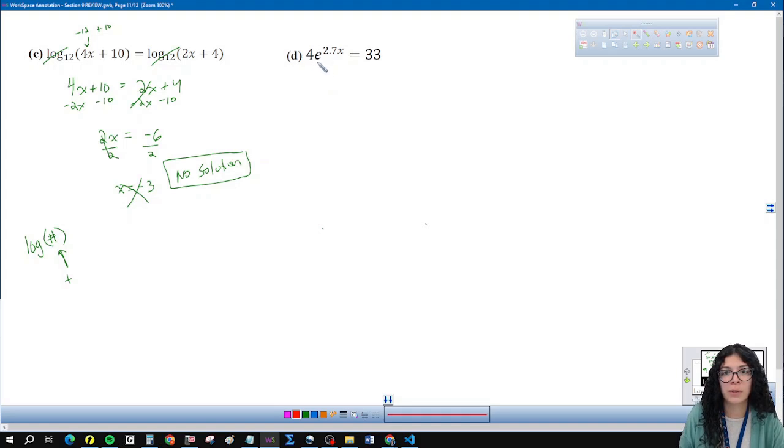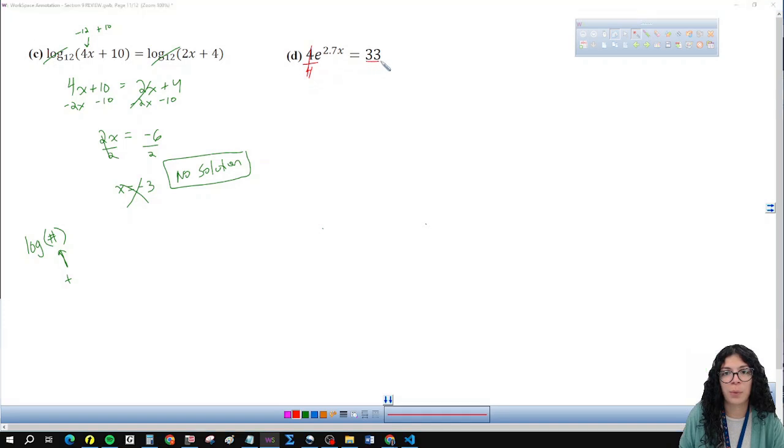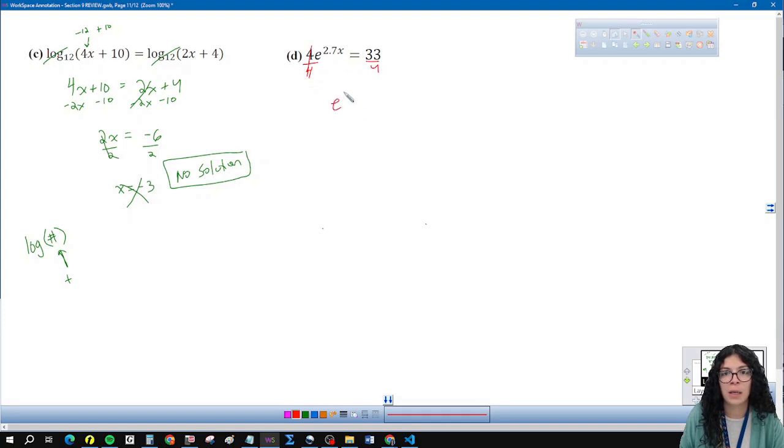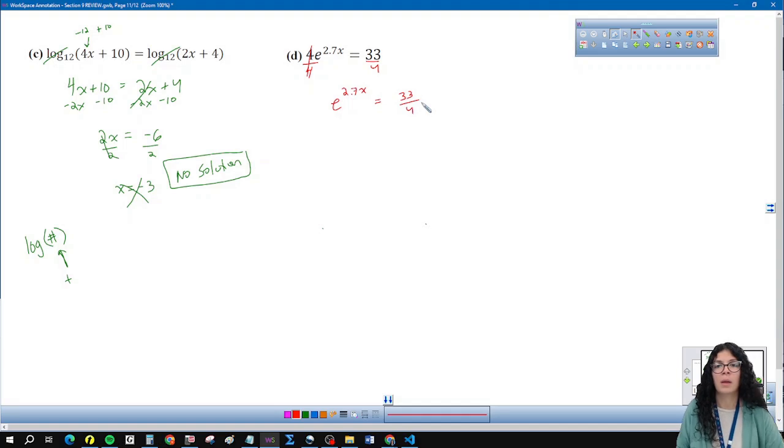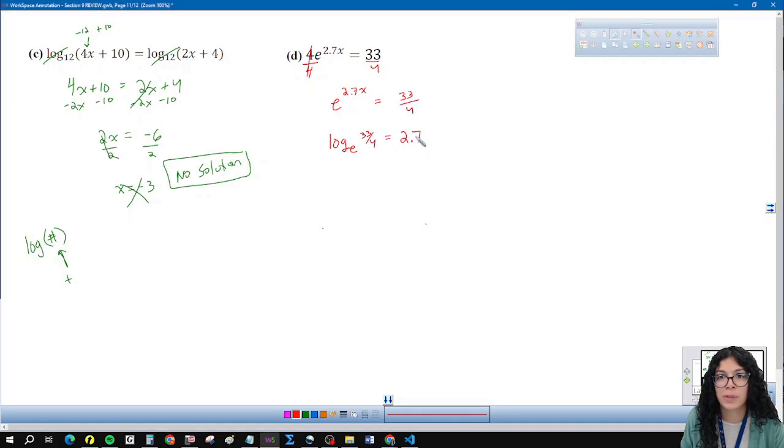Okay, next is part D. So first I want to get the exponent by itself, so I'm going to divide by 4. So now I have e to the power of 2.7x equals 33 over 4. And I have an exponential equation with a variable in my exponent, so I'm going to switch this to log form. So it will be log base e of 33 over 4 equals 2.7x.